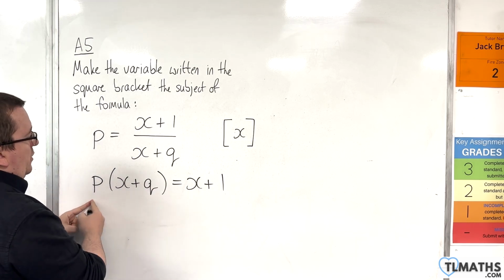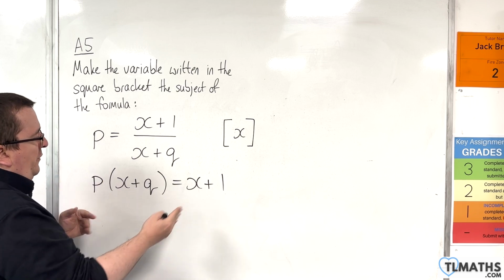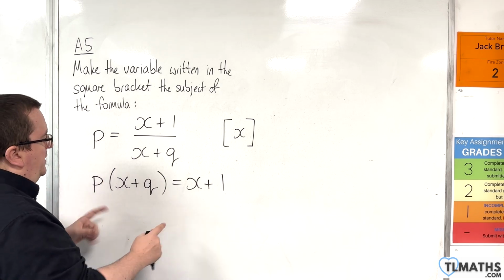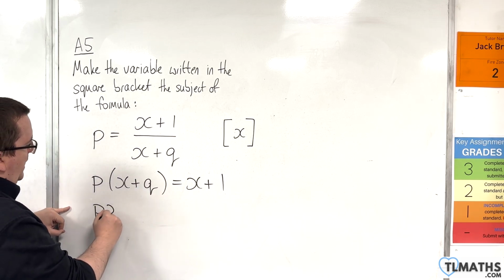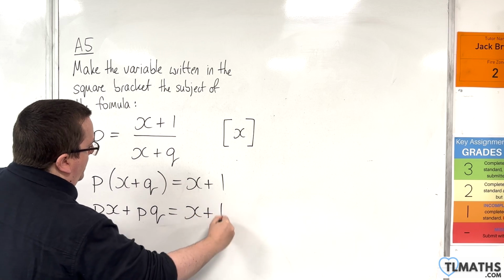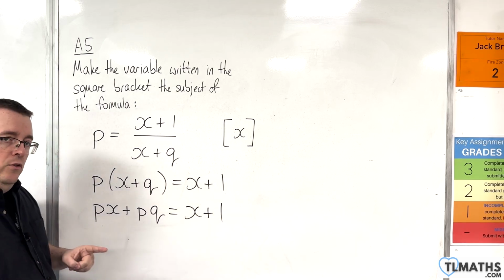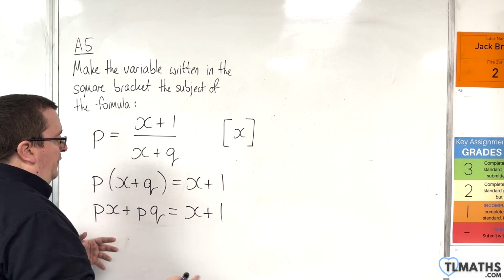The first thing I would do is multiply that bracket out. You could divide both sides by the p, but it won't make your life any easier. So I'm going to multiply the bracket out instead. px plus pq is equal to x plus 1. Now I'm going to make sure all of my x's go on one side of the equation and everything else on the other.